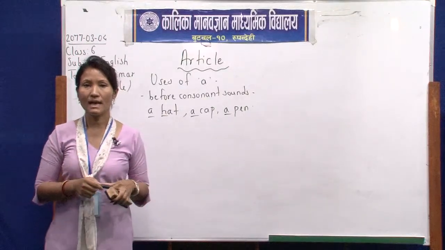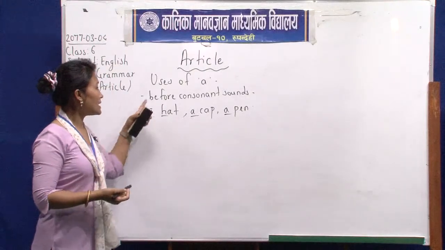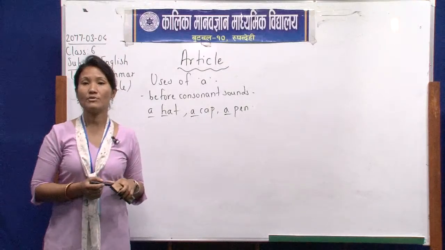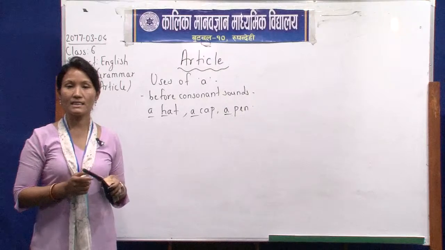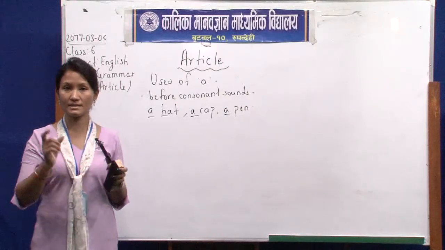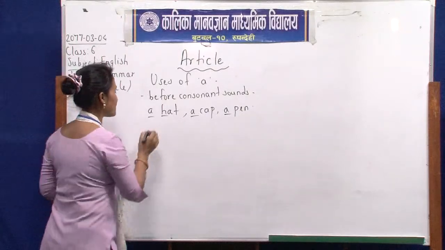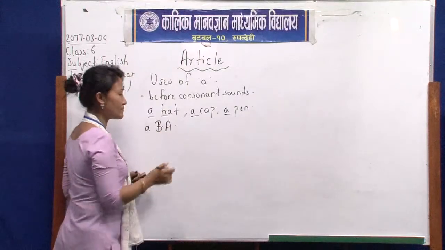And next, now I will write only examples. I will explain and I will write the example. Now the next use of a is that it is used before abbreviated or short forms as well. But the initial sound should be what? Consonant. For example, a BA, right?